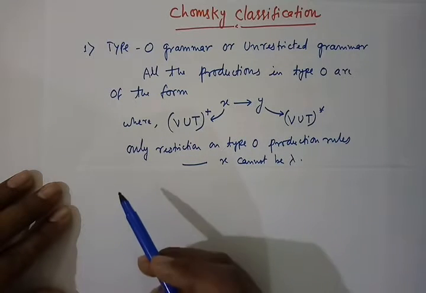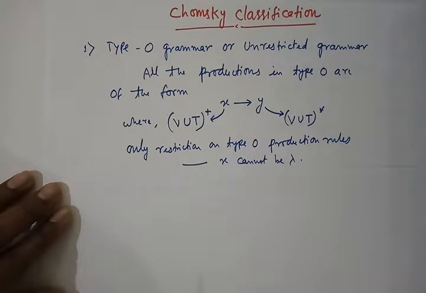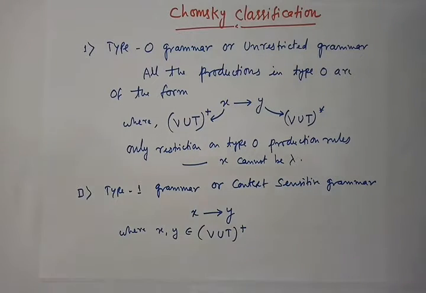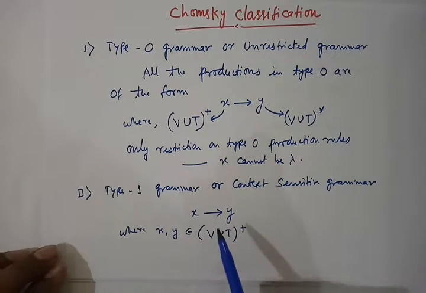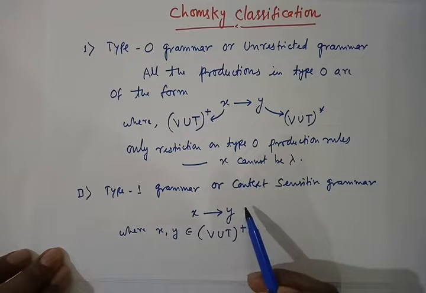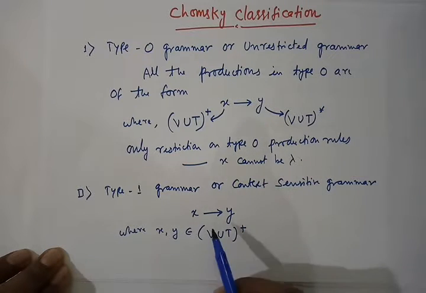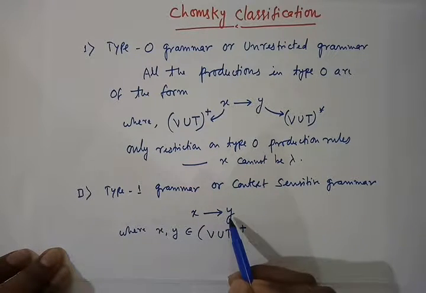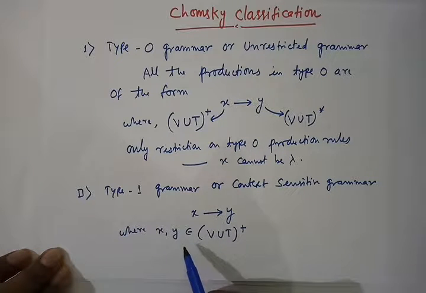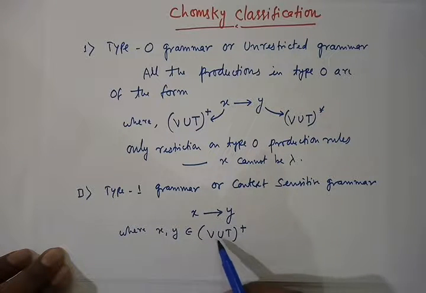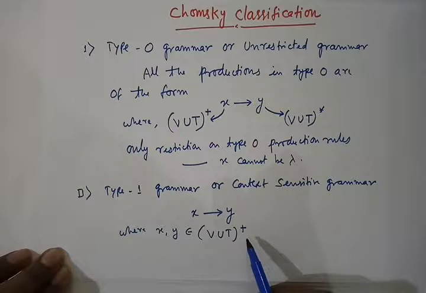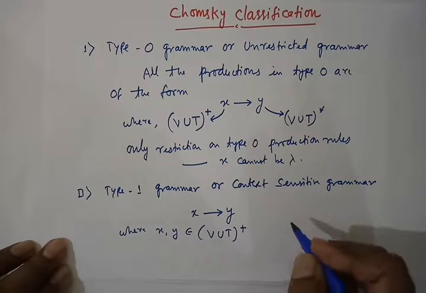Now next is type 1 grammar, or context sensitive grammar. In type 1 grammar, all the production rules are of the form x derives y, where x and y are either variable or terminal symbol plus. Now what does it actually mean?